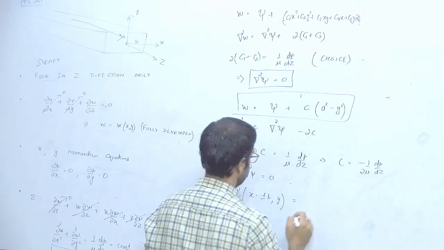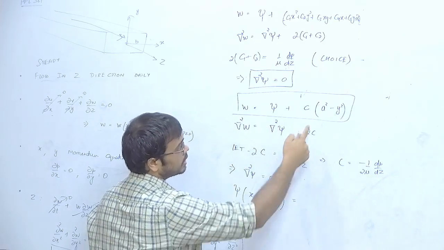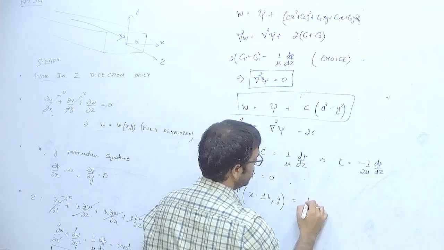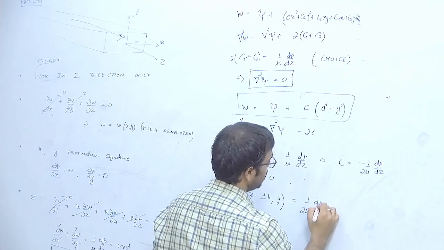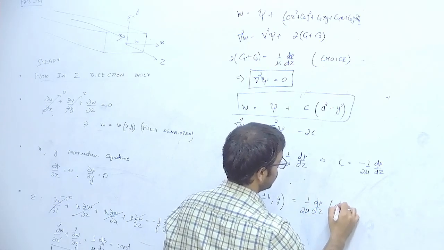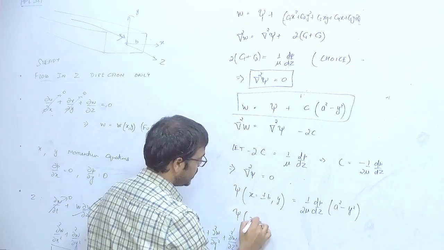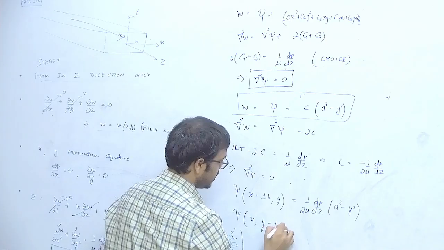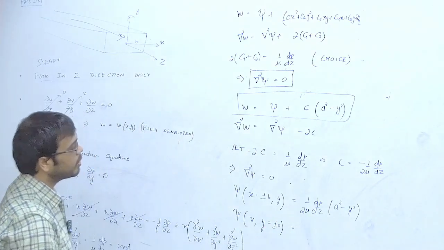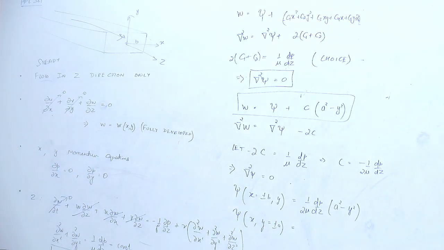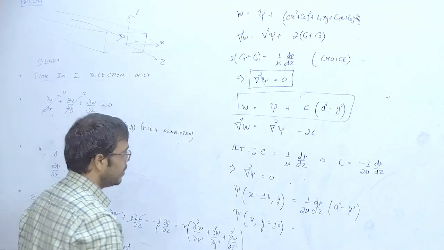Psi is minus c times a square minus y square, right? So, it is simply 1 by 2 mu dp dz a square minus y square. What about psi at x comma y equals plus minus a? What happens at y equals plus minus a to psi? It is 0.